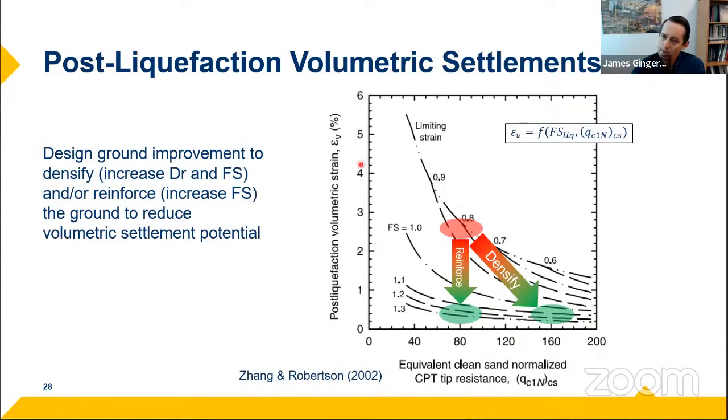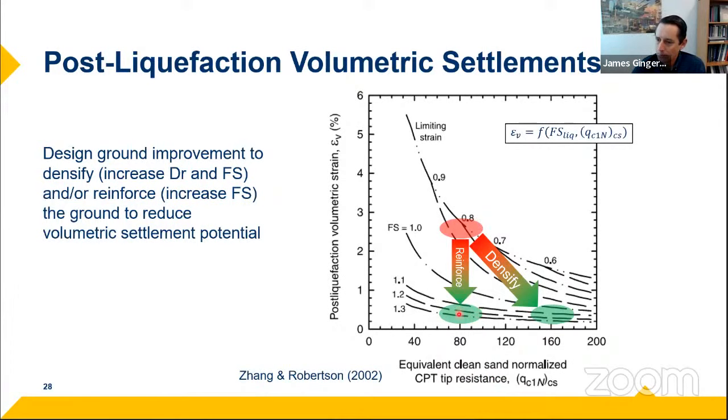The post-liquefaction strain, on the y-axis, is found by knowing the CPT tip resistance on the x-axis, and the factor of safety against liquefaction in these contours drawn here. This was based on the work of Ishihara, Shimizu and Ishihara from 92, and extended to the CPT by Zhang and Robertson.